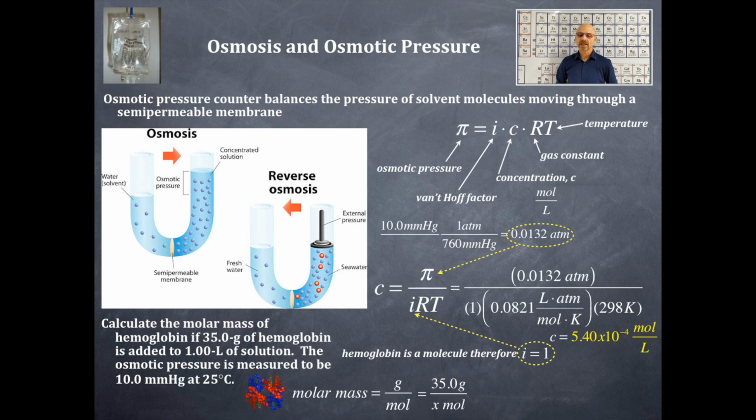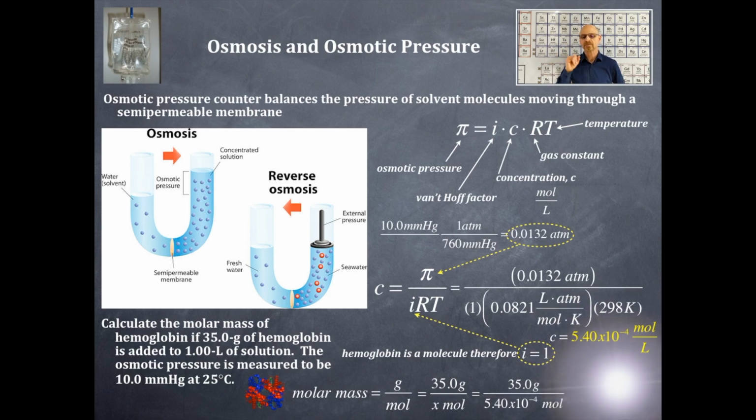So how many moles do I have? 5.40 times 10 to the negative 4 moles. I'm going to plug that into that molar mass equation there at the bottom. So I got 35 grams, that's the amount of hemoglobin I have, divided by the moles of hemoglobin from my osmotic pressure calculation. And I'm going to have this number here, which is 64,900 grams per mole.